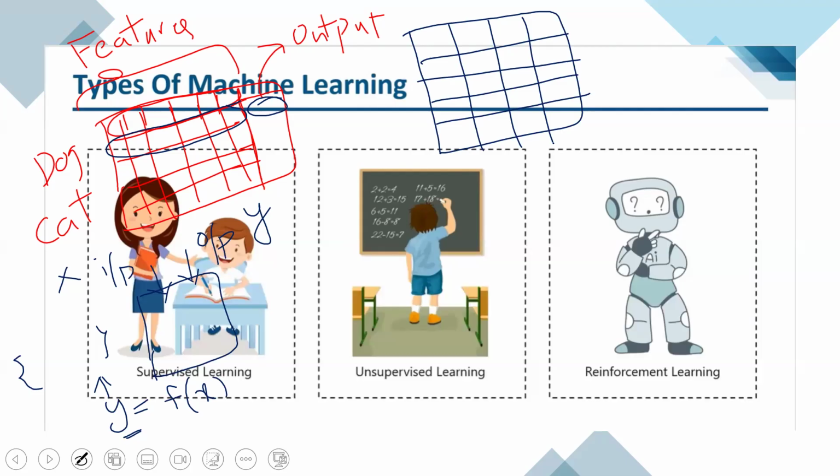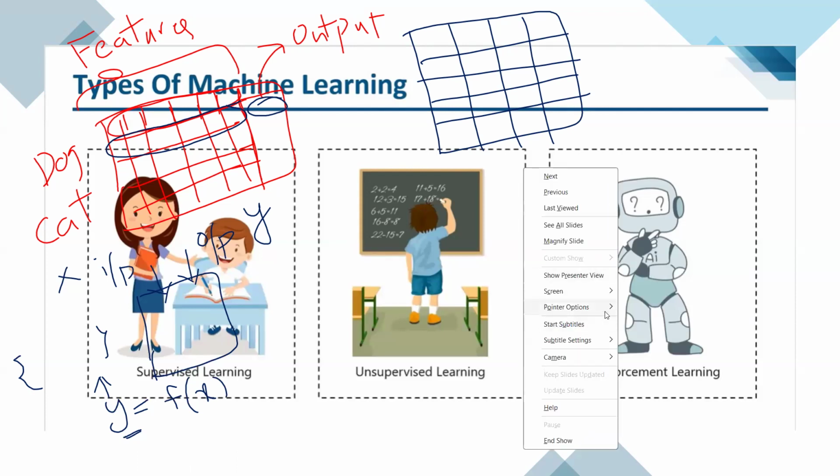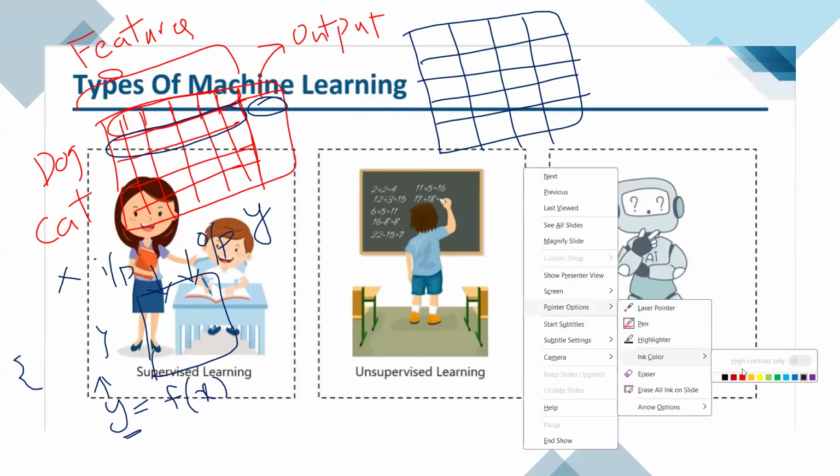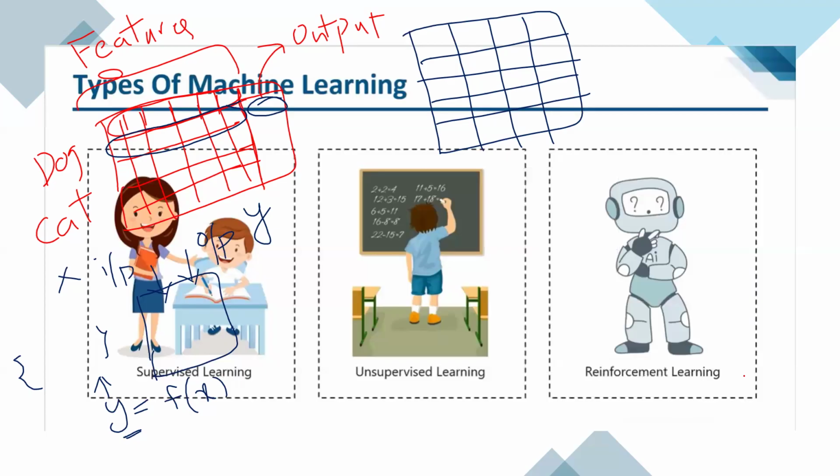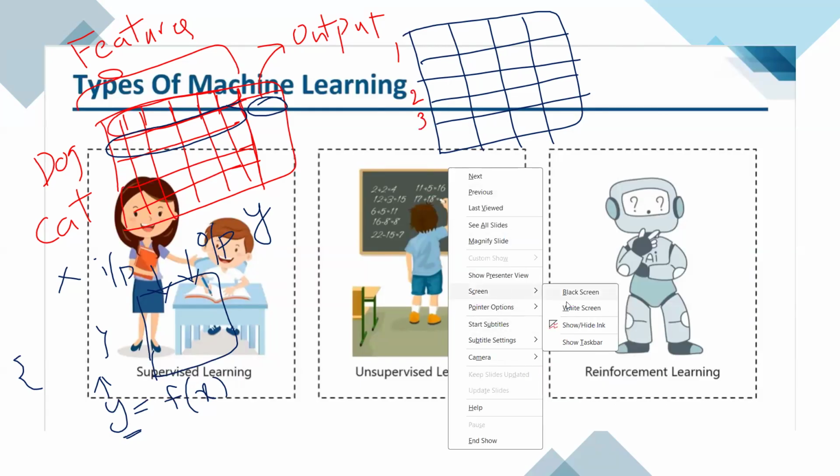Let's suppose this particular data has features of dog and cat. You haven't specified which is which. Let me mark the data in such a way that you will understand this. Say row number 1 is dog, row number 2 is dog, row number 3 is dog, and I have another 2 rows which belong to cat.